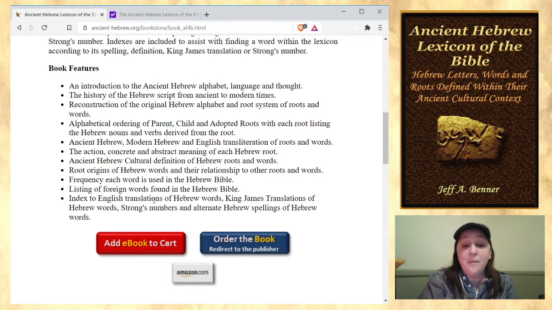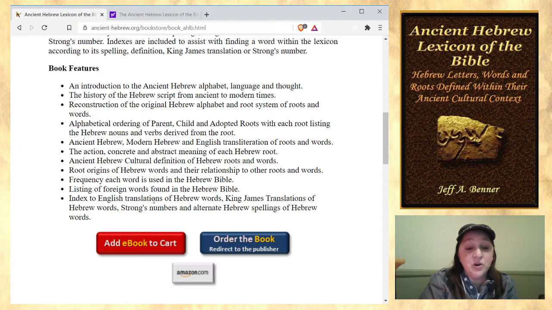Ancient Hebrew, Modern Hebrew, and English transliteration of roots and words. The action, concrete, and abstract meaning of each Hebrew root. Ancient Hebrew cultural definition of Hebrew roots and words. Root origins of Hebrew words and their relationship to other roots and words.